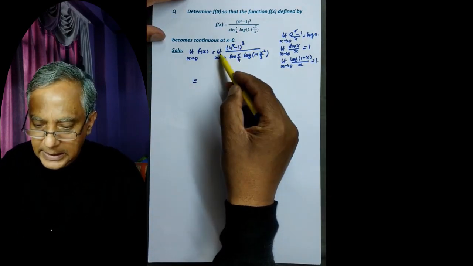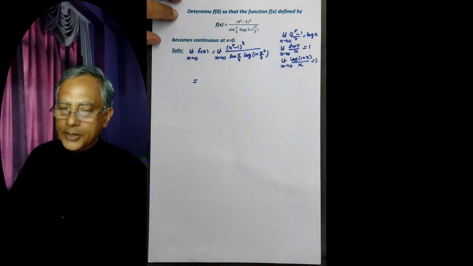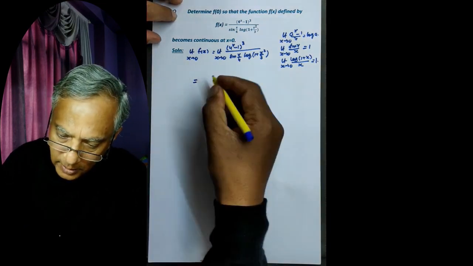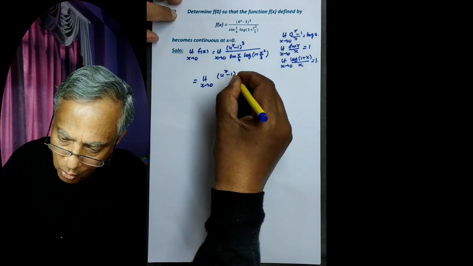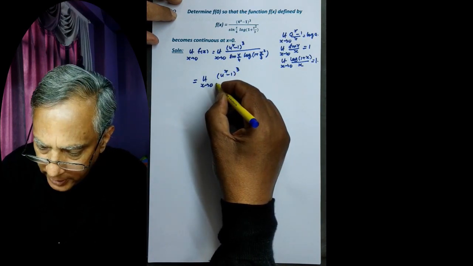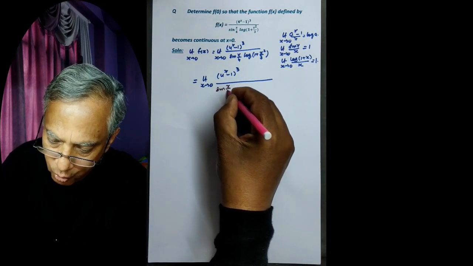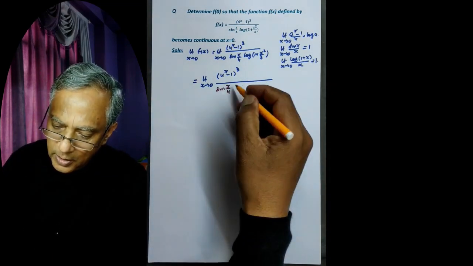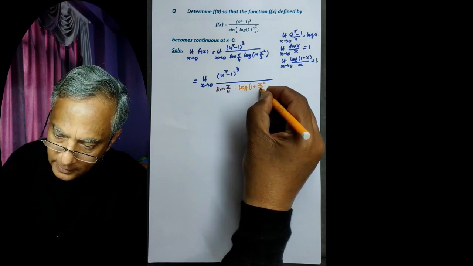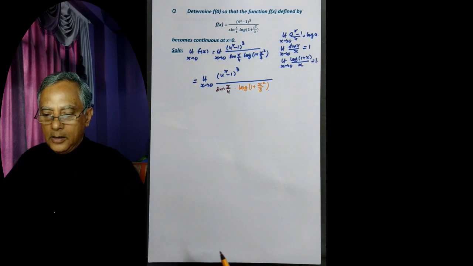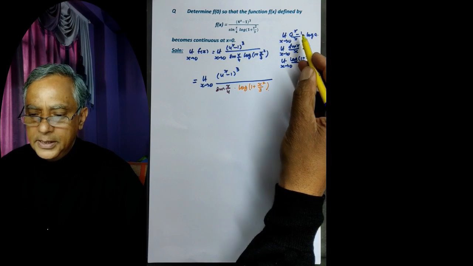To make the idea clear, I am writing this in 3 different colors. Limit x approaches 0, (4 to the power x minus 1) whole cube divided by sine x by 4, and next term is log 1 plus x square by 3. Now we make the adjustments to convert it into these forms.